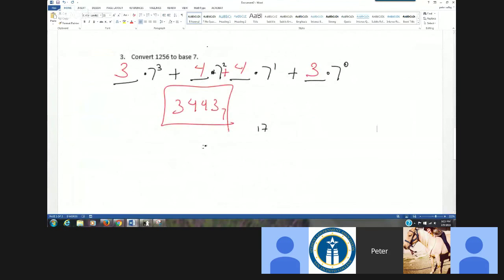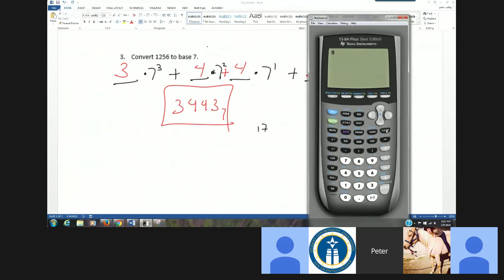Okay, so number 3, I would do the same thing. I would start and figure out the largest power of 7 that goes in there. So I know 7 squared is 49, so that's too small. 7 cubed is 343. All right, that's bigger.